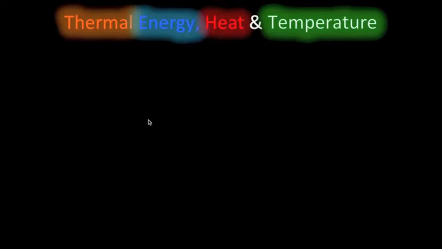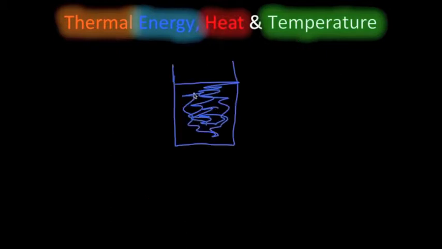Let's look at an example. If we had a glass of water at room temperature and we added a few ice cubes to it, and we asked you the question, do the ice cubes cool the water down or does the water warm the ice cubes? Well, your answer should be that the water is actually warming the ice cubes because the water molecules are moving faster as they bombard into the slower moving molecules of the ice.